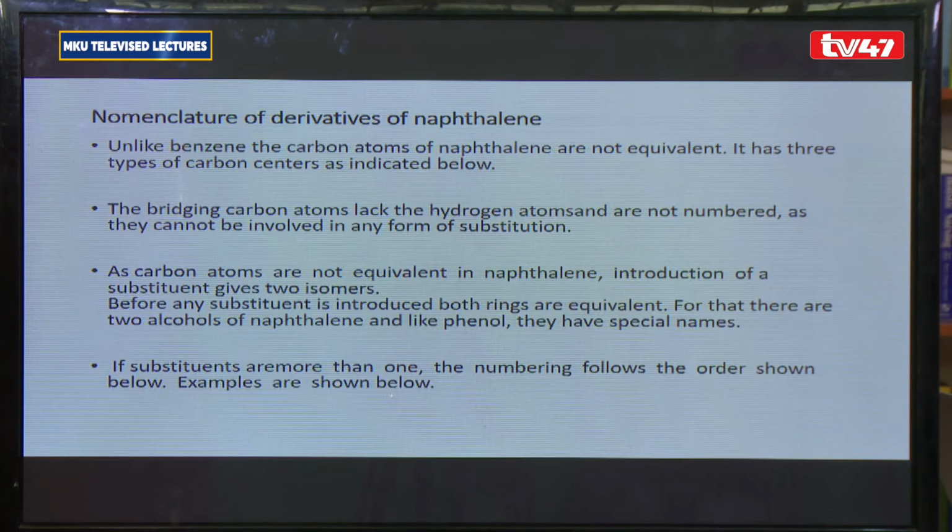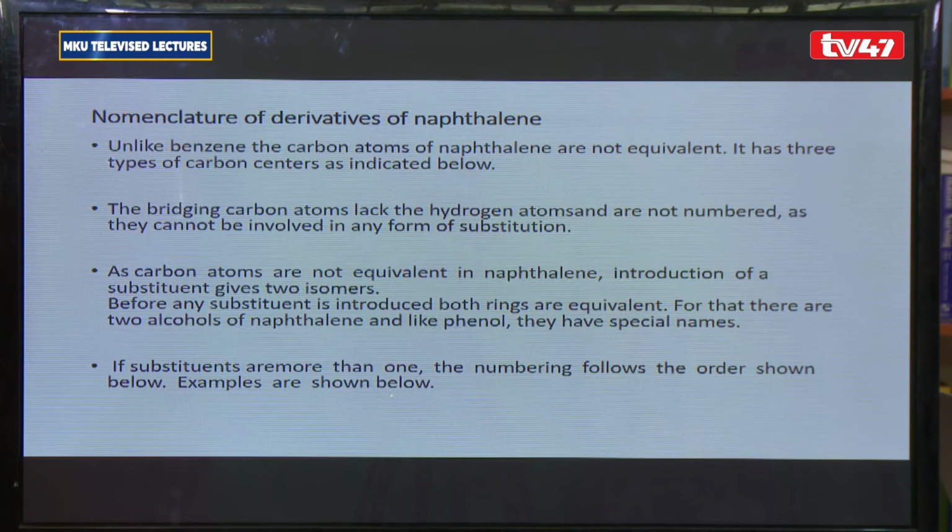Now, we have looked at the naming of benzene. Now we look at the second benzenoid, the simplest fused benzenoid molecule, and that is naphthalene. Naphthalene has 2 benzene rings fused and has 10 carbons.